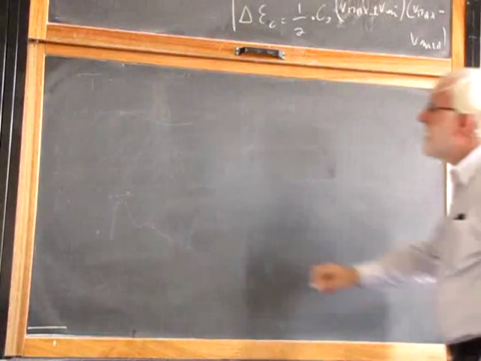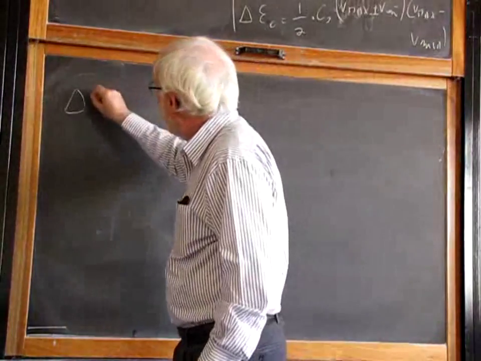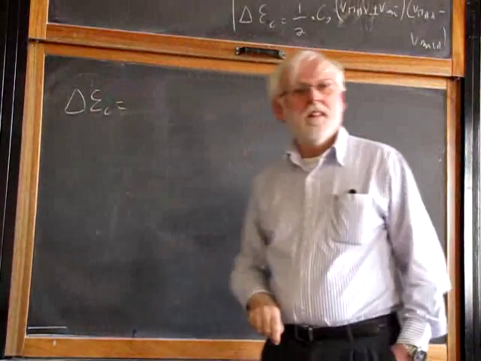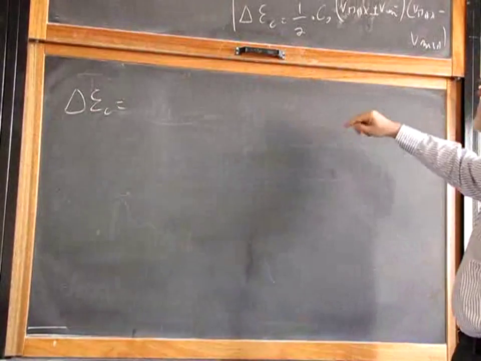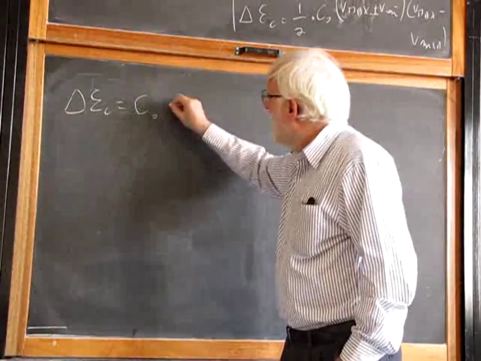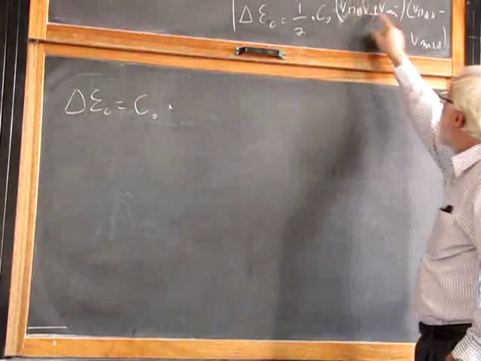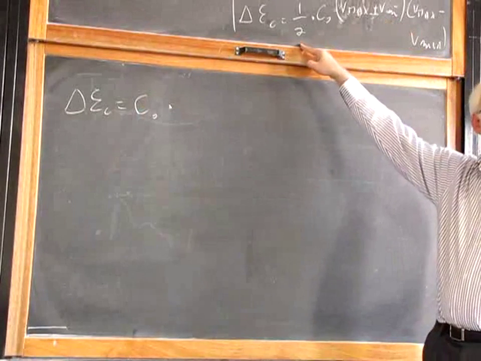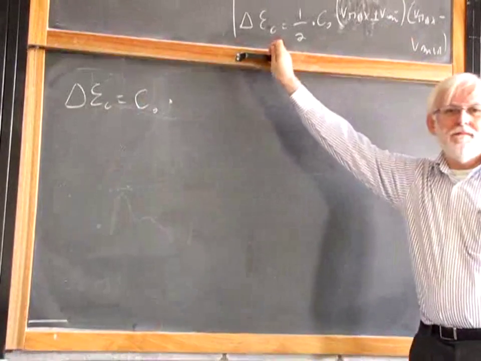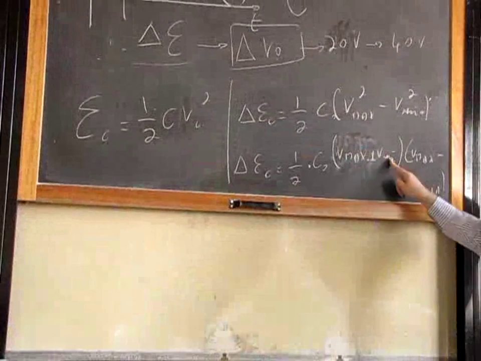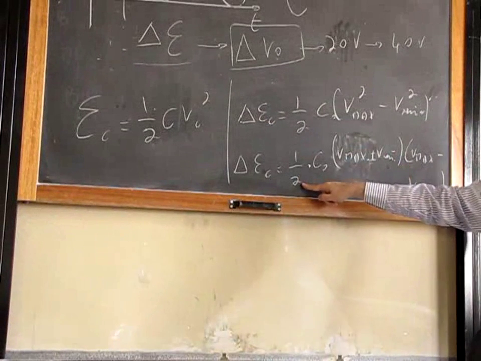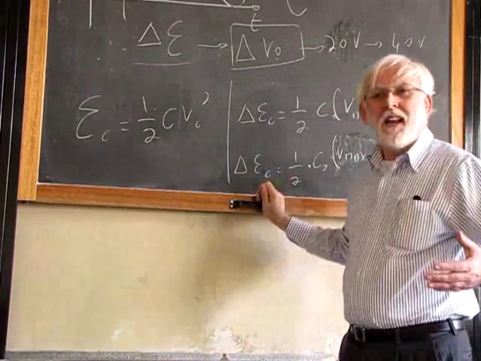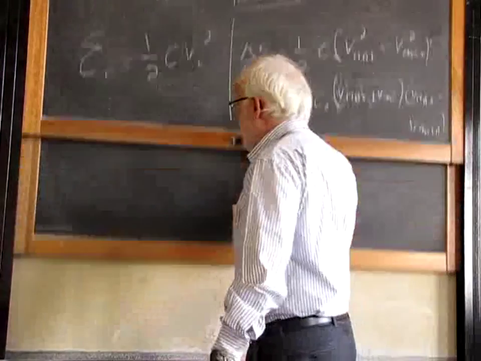And so we have delta E_C. We know how much delta E_C is. It's just that area I was talking about. Delta E_C equals C naught times, what is V max plus V min over 2? The output voltage. It is the average output voltage, our 390 volts or whatever I told you.